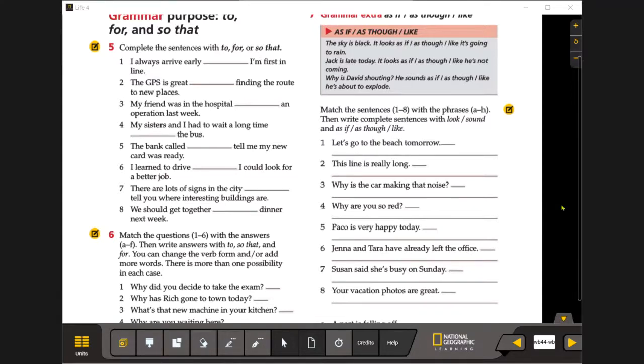Okay, and the workbook, we have workbook, page 45, exercise 7, which is this, as if, as though, and the other one.